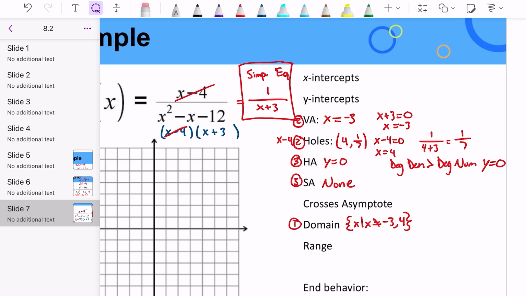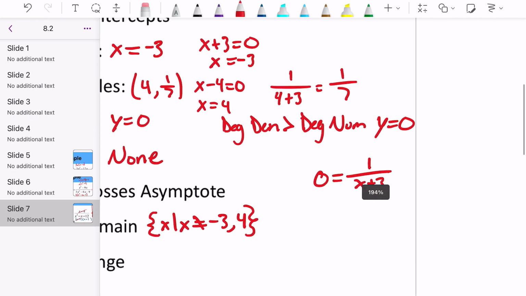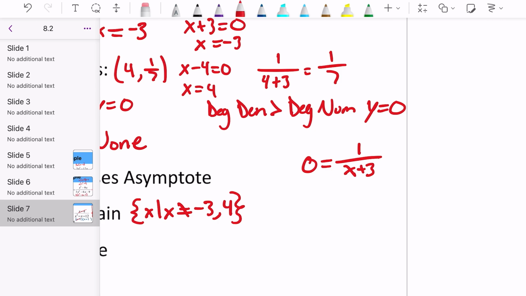We're going to go ahead to step 4, which is checking for crosses. In order to check for your cross, you're going to get the horizontal asymptote, which in this case is 0, and set it equal to our simplified equation, which is 1 over x plus 3. We're going to multiply both sides by x plus 3.